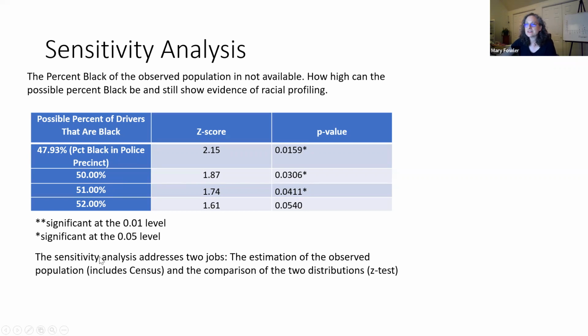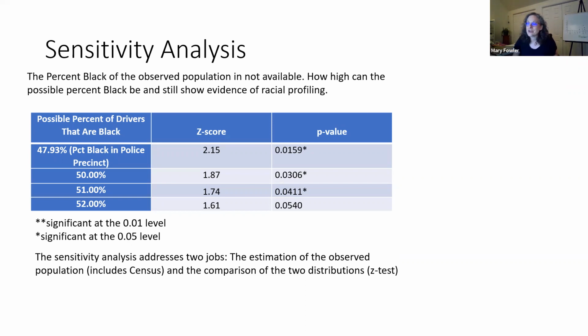And so the sensitivity analysis shows that if the percent Black in the observed population is 51% or less, there's statistical evidence of racial profiling. That is, the p-value is less than 0.05. So this sensitivity analysis addresses two of our three statistical jobs.